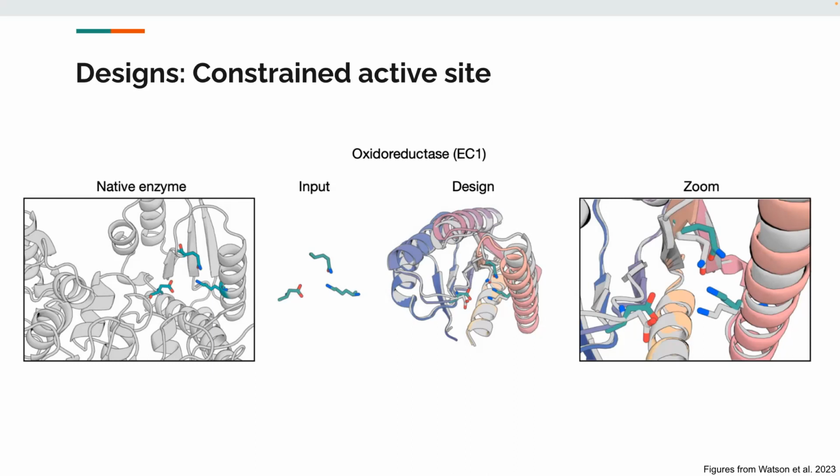This is interesting if you potentially want to land on a more active protein or a more available protein in the cell, one that could be expressed easier. But I'm sure there are other applications. It's also just neat that you can port over this active site into a different protein.